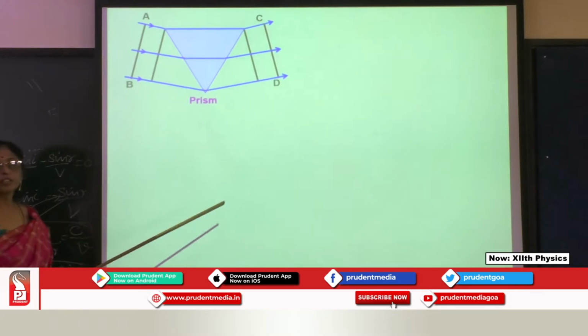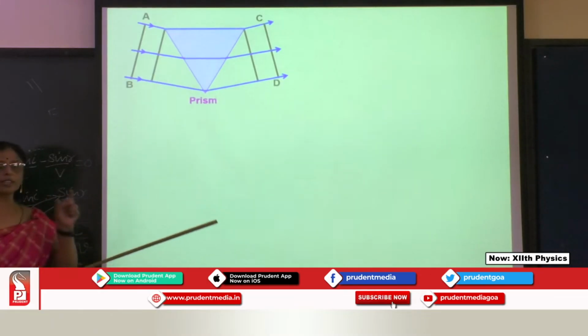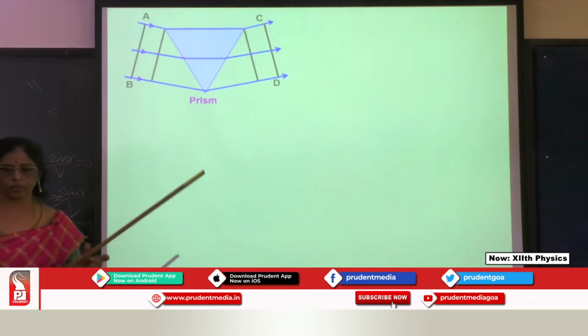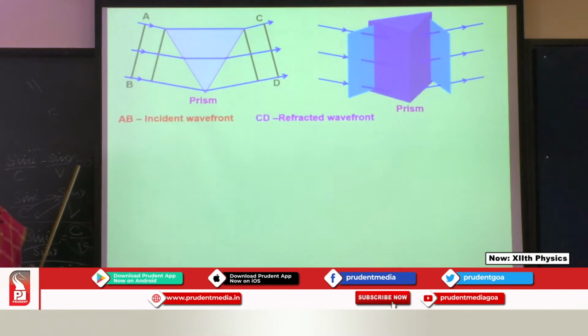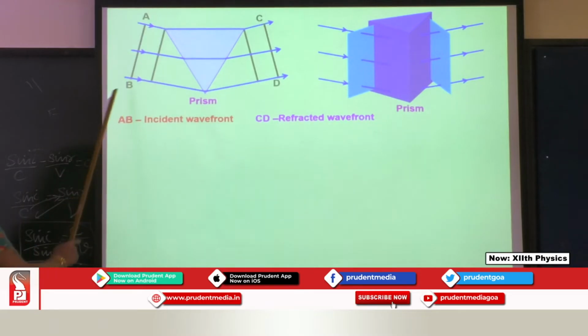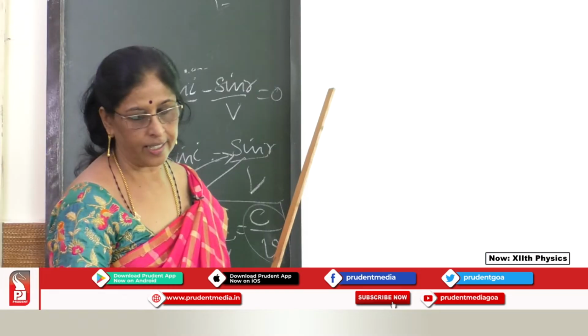And here it is the shortest distance because the top portion travels the thickest portion of the prism. So the emerging wavefront is that way. So it's a prism over here which shows the waves. AB is the incident wavefront and CD is the refracted wavefront.